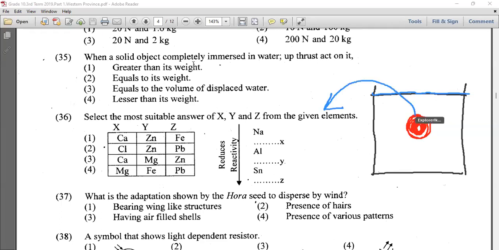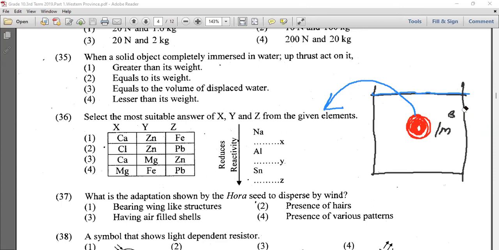Let's say the volume of the ball is 1 meter cube. Let's say a 1 meter cube ball I have immersed in water.